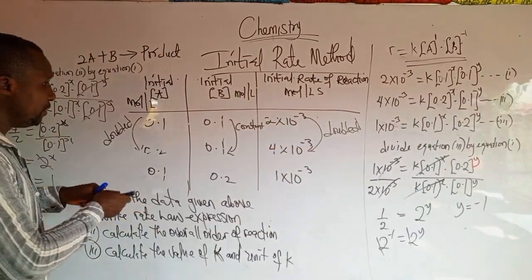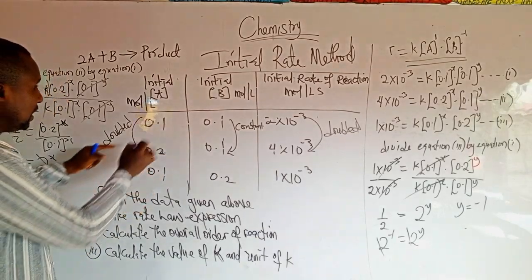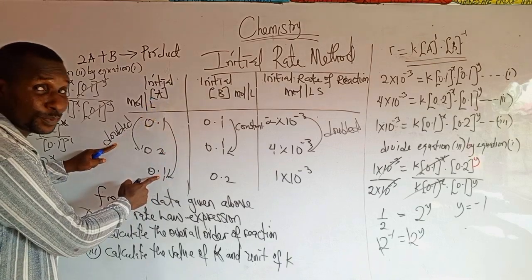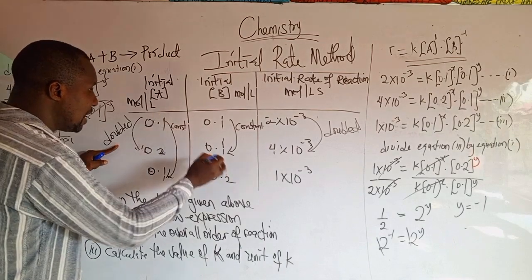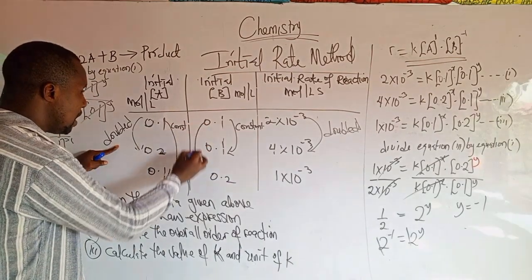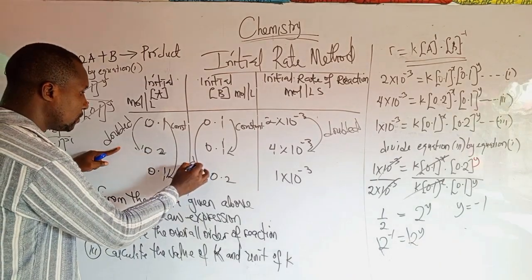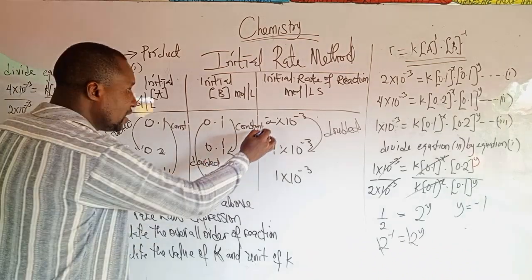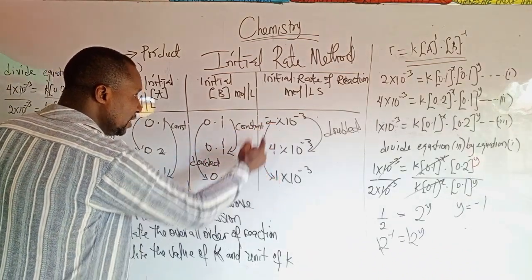Okay, let us look at B. Under B, experiment 1 and experiment 3, A is constant. Then look at this: B is doubled. What happened to the rate of reaction under experiment 1 and experiment 3?